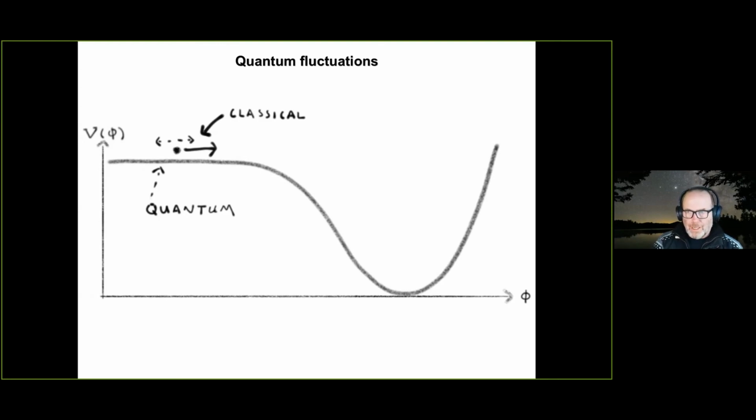So one of the predictions of inflation is that these density perturbations should obey perfectly Gaussian statistics with a particular standard deviation. And you can test that. So you can look at the cosmic microwave background, right? Let me bring up this picture of the CMB in particular.